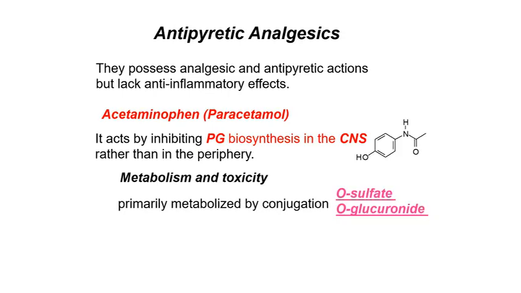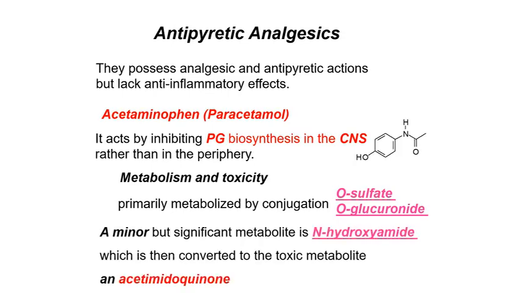We all think that paracetamol is a very safe drug, but is this true? The metabolism and fate of paracetamol is conjugation as O-sulfate or O-glucuronide conjugate, and this way the drug becomes more hydrophilic and the metabolite is easily excreted.